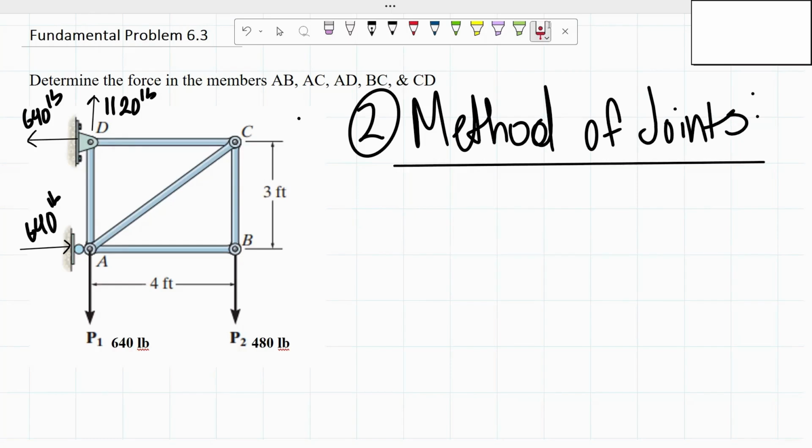I'm going to start off with joint D. That way, by doing joint D, I'd be able to determine the force of the bars AD and CD.